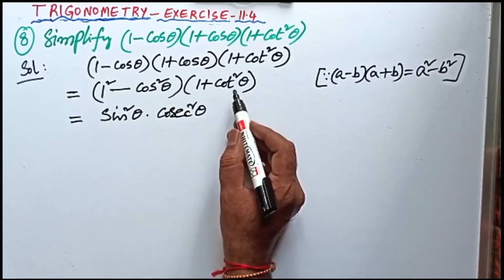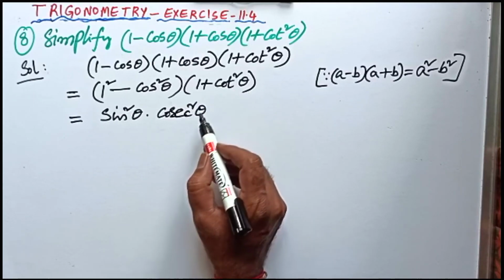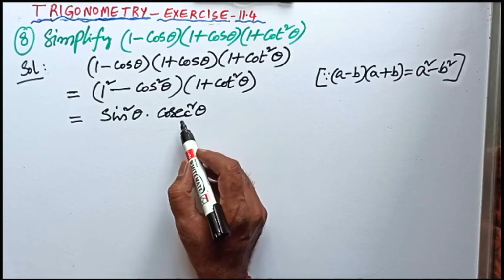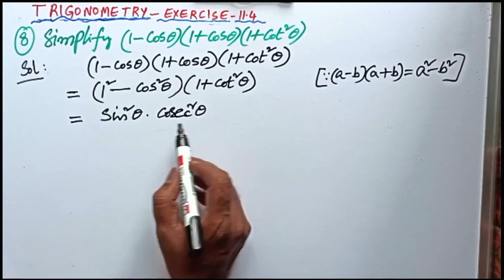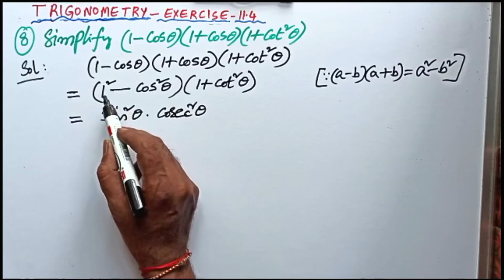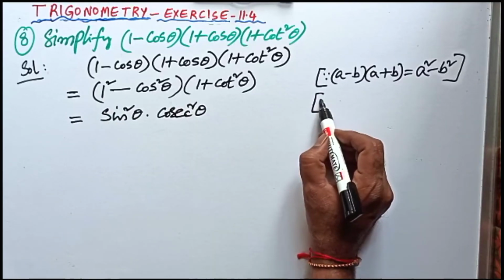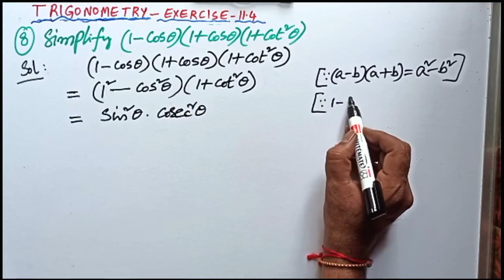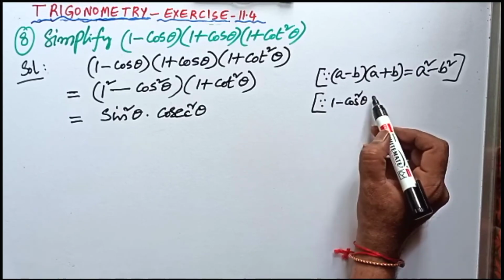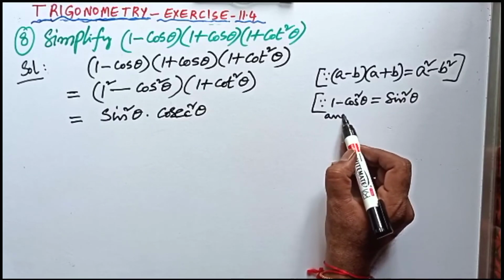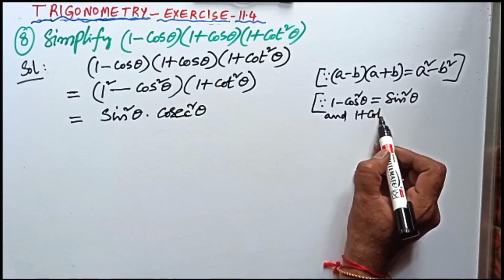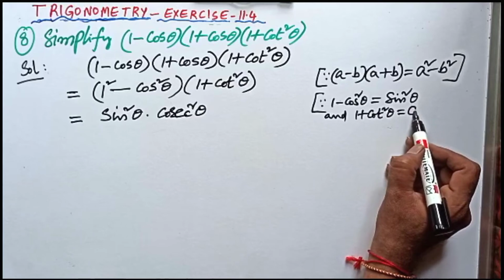From the third identity we learned this one, 1 plus cot square theta is equal to cosecant square theta. So in this step we used two formulas, that are 1 minus cos square theta is equal to sin square theta, and 1 plus cot square theta is equal to cosecant square theta.